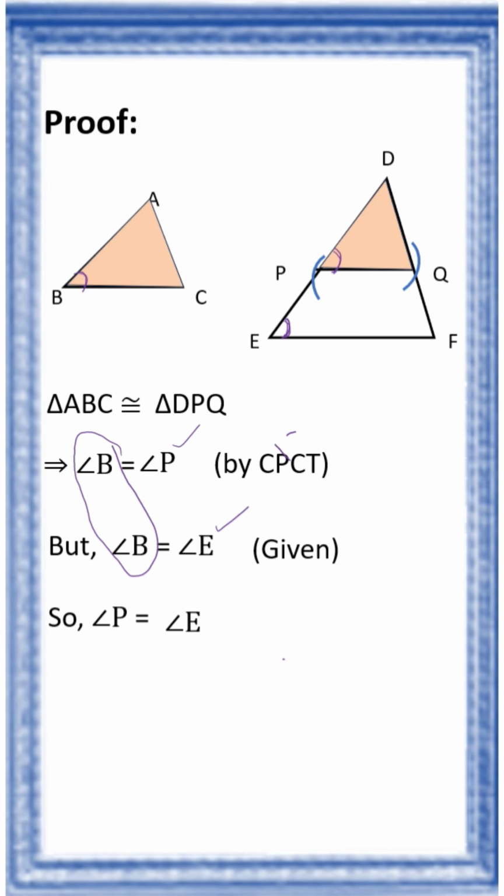Here observe that line PQ and line EF are cut by a transversal. These are the corresponding angles. They are equal. If the corresponding angles are equal, then the lines will be parallel. So PQ is parallel to EF.